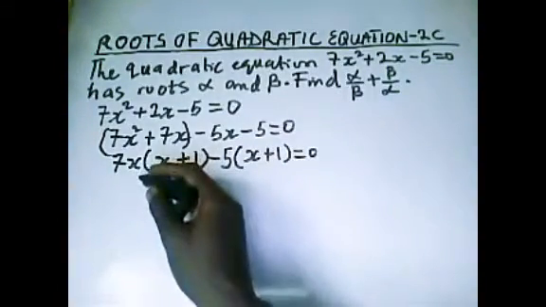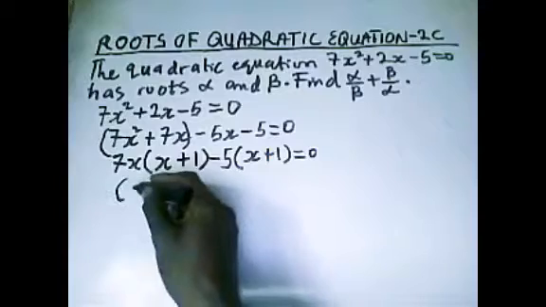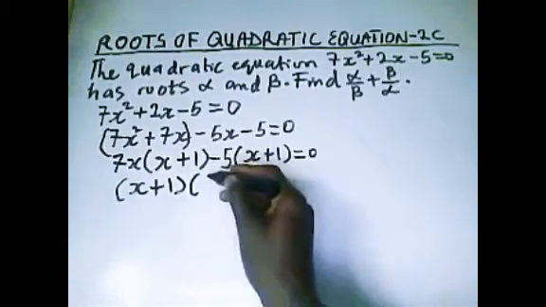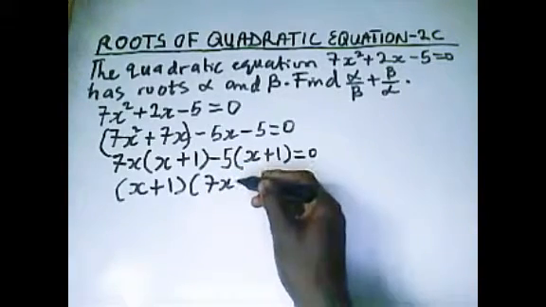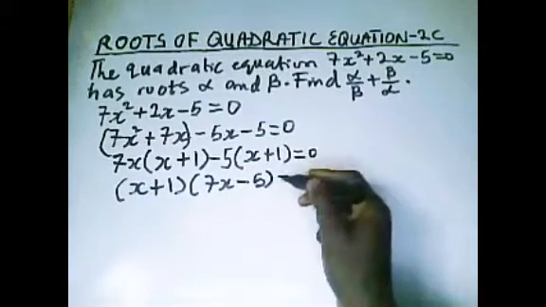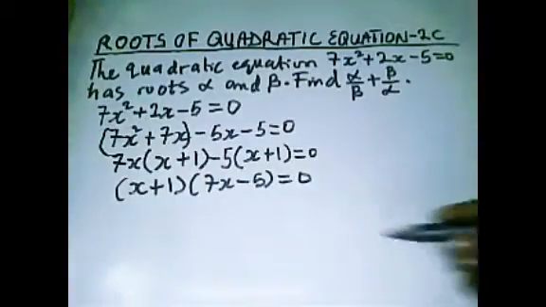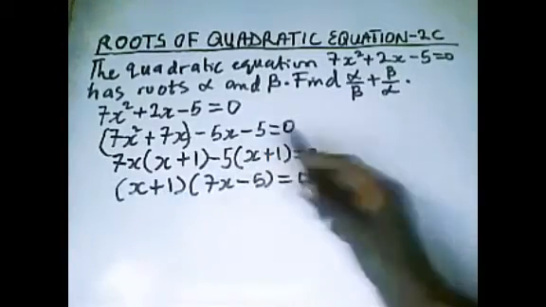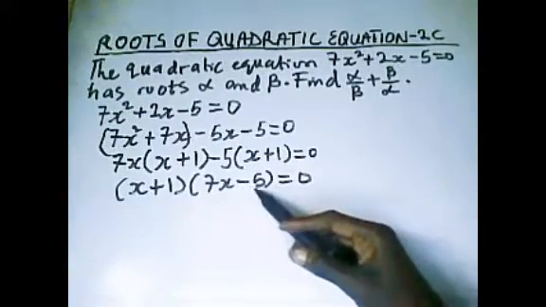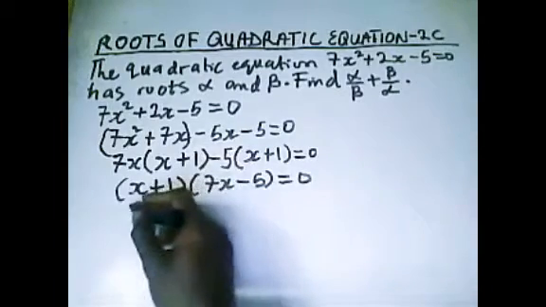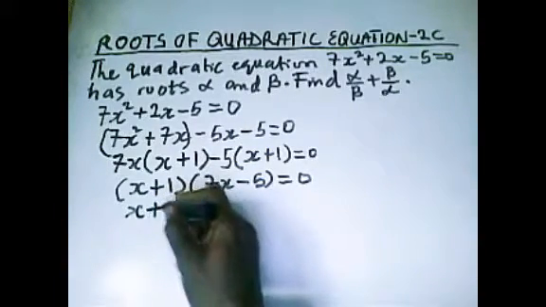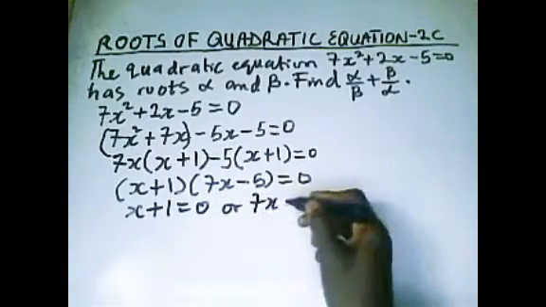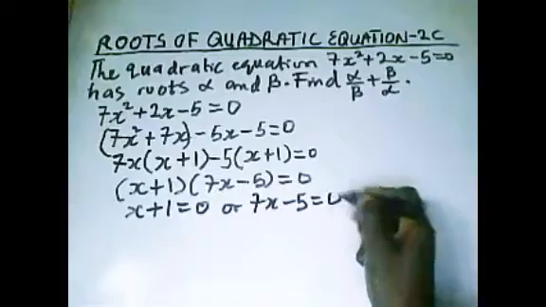So over here we group the common factors as x plus 1, and then we take the HCF as x, 7x minus 5, and everything equals 0. So at this point we know that either x plus 1 equals 0 or 7x minus 5 equals 0. So we can write it out as x plus 1 equals 0, or 7x minus 5 will also give us 0.